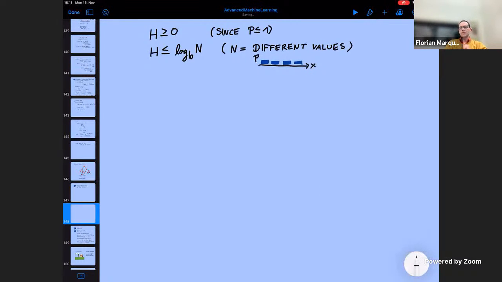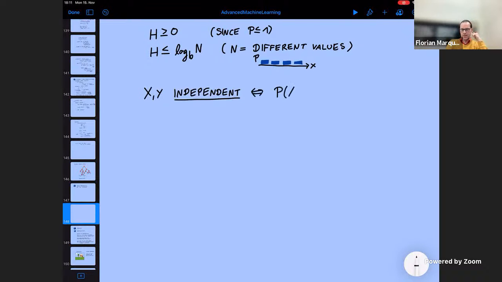Okay, fine. So these were relatively simple. The next thing is very important. The next thing is additivity. So imagine you have two random variables, but they are independent. Now, if they are independent, what we mean by that is that the probability factorizes.